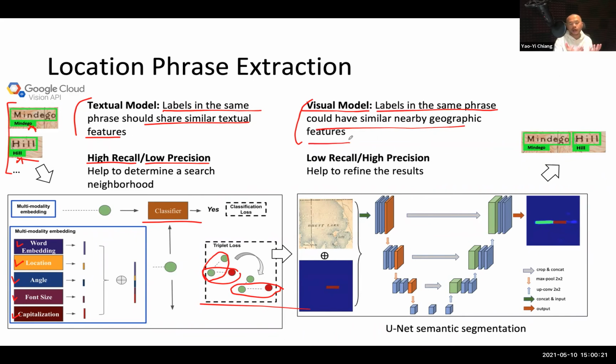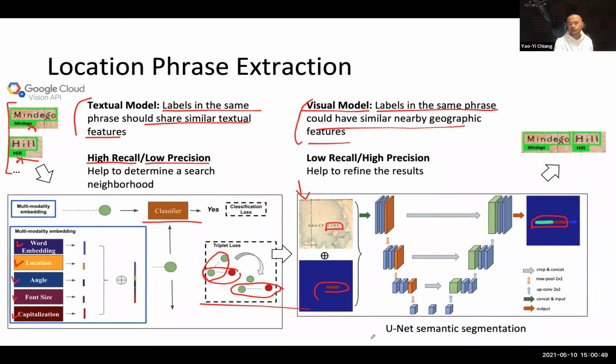If the phrase is describing a river, like Los Angeles River, the words should all be nearby the river on the map, so their visual appearance would be similar. And you can see during training time, we have a map and we mask this word. This is supervised learning. So we also say, okay, these two parts should be linked to your masked word.